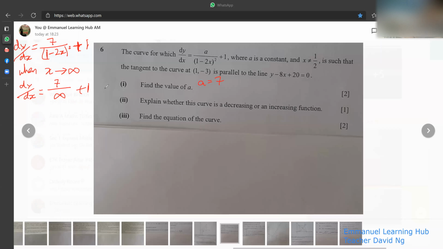So your dy/dx is equal to 1. In the long term, dy/dx is 1. So since dy/dx approaches 1, your dy/dx is greater than 0 for all real x.